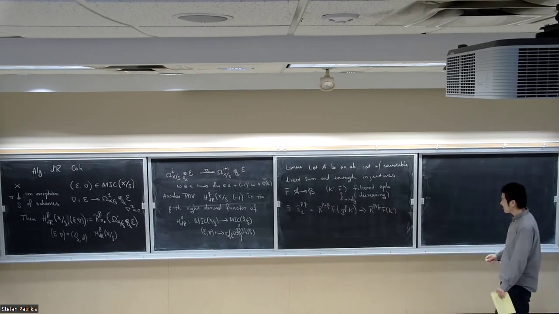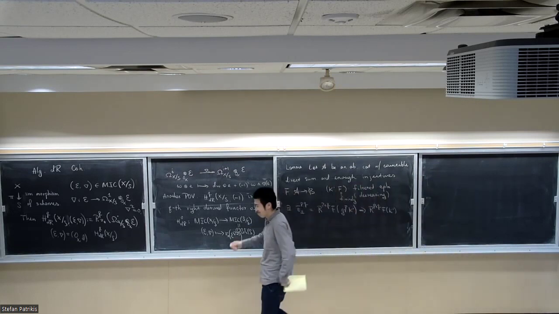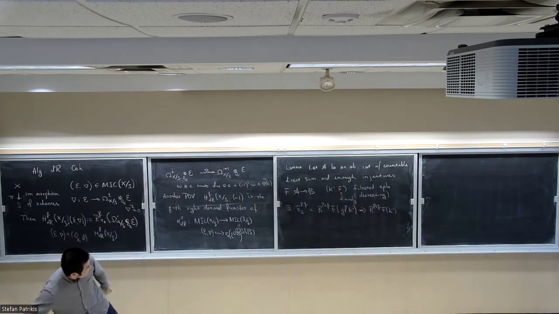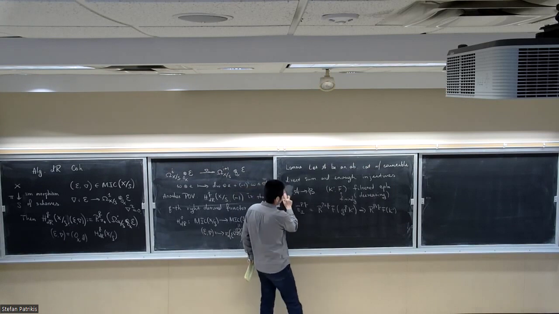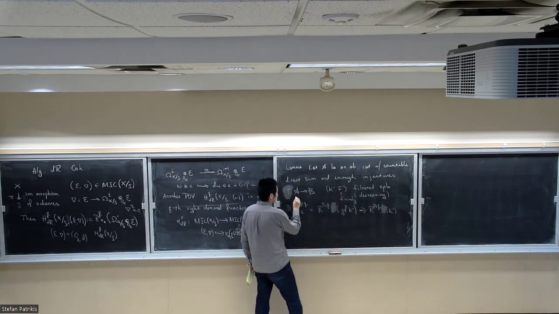So the T's in this last line are the functor, not the filtration. Let's say T.